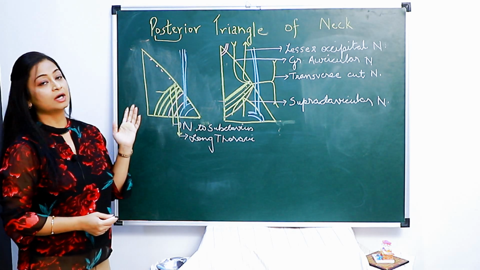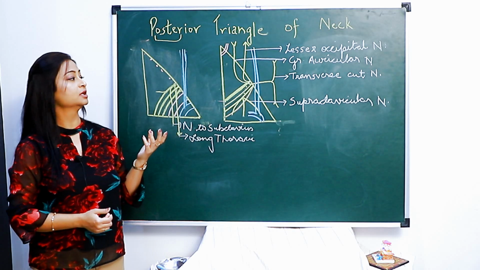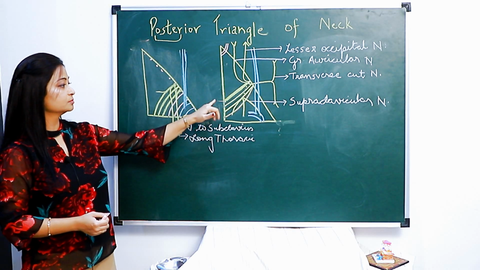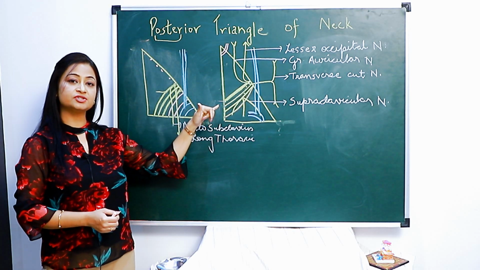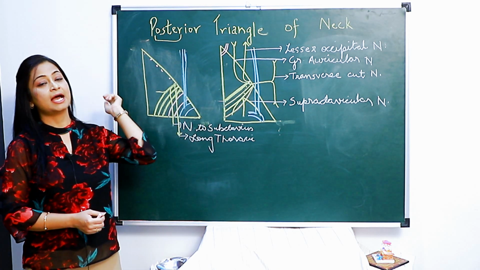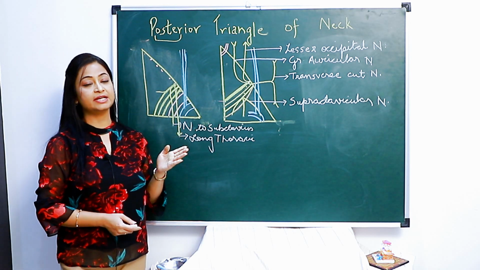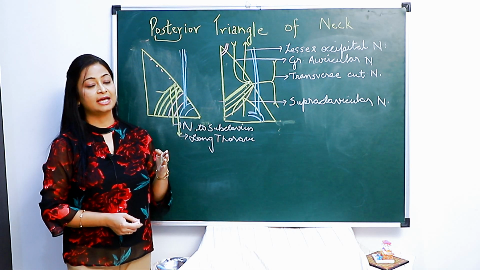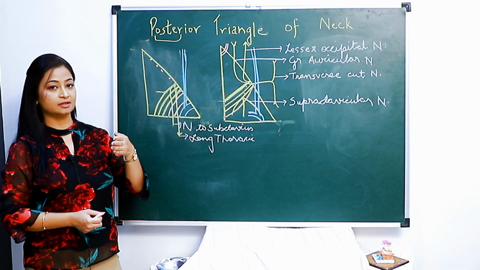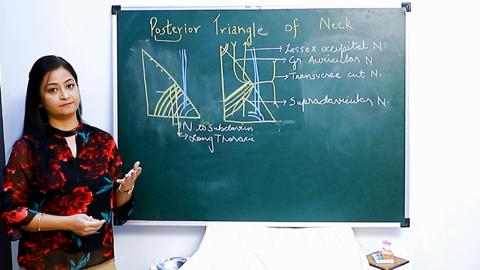Now I shall be talking a little about the clinical anatomy of this region. First and foremost, the most important structure which is traversing this region is the spinal accessory nerve. You must remember one point, that here it has a very superficial course, almost plastered to the investing layer of deep cervical fascia.